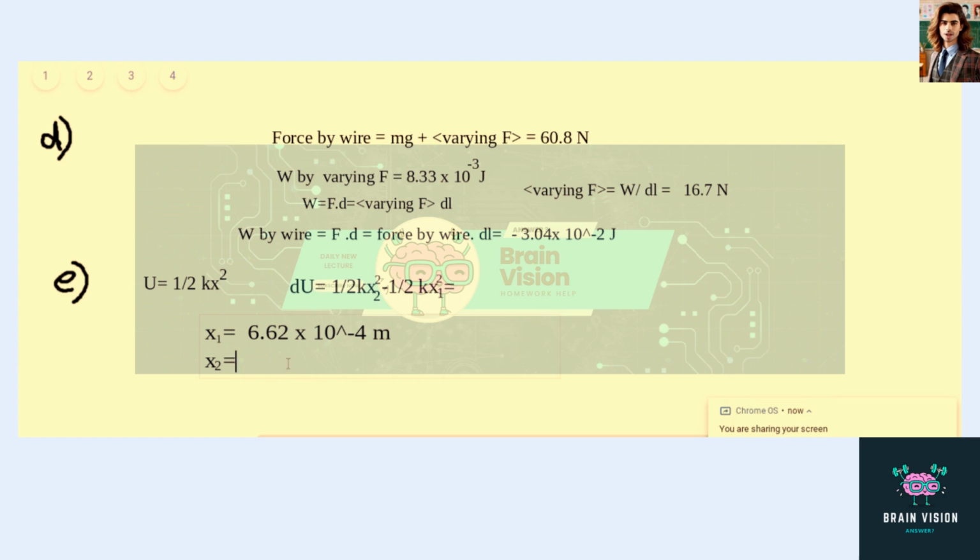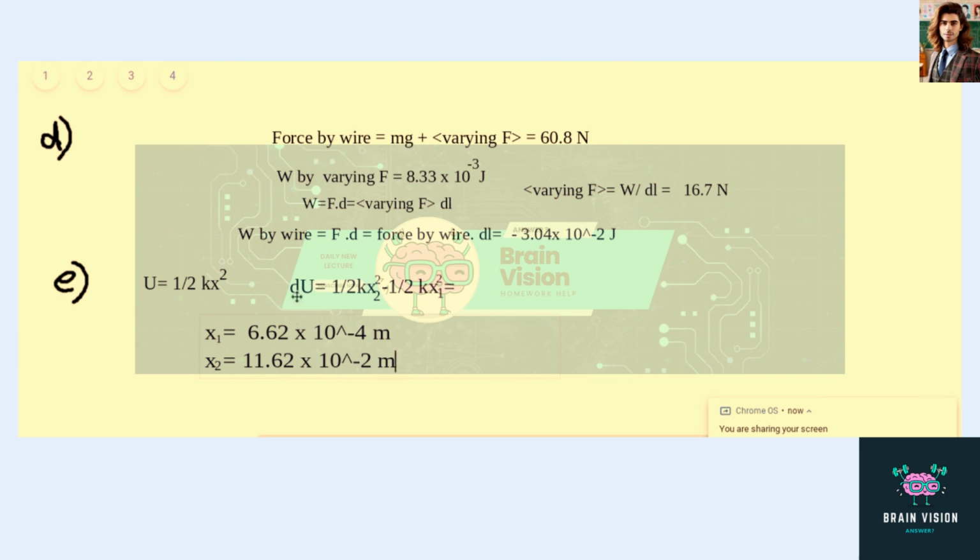And this x2 is the total stretch in wire, which means this is the stretch in wire when it is at equilibrium plus the stretch in wire due to the varying force. So we add those two stretches and we get this value to be 11.62 times 10 to the power minus 2 meter.